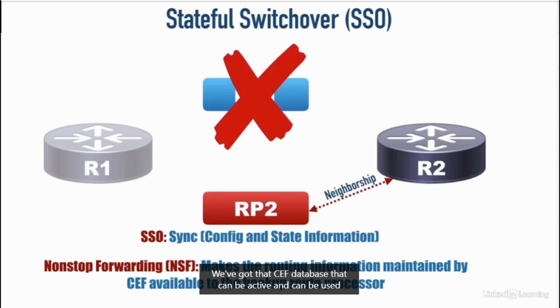We've got that CEF database that can be active and can be used until we can construct our own IP routing table. But that's the benefit of using both SSO, stateful switchover, in conjunction with nonstop forwarding, NSF. Again, SSO is going to help us maintain adjacencies or neighborships between our neighbors, and we couple that with nonstop forwarding so that we can make routing decisions immediately after that failover.